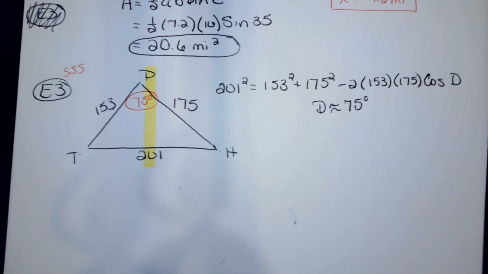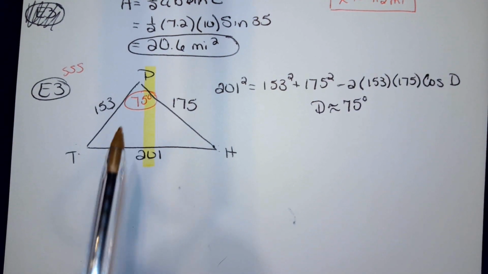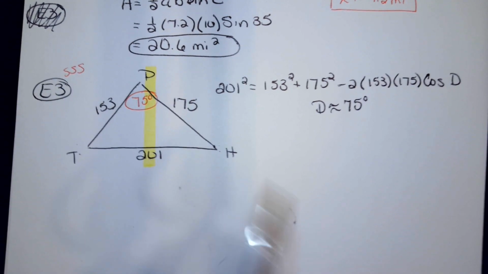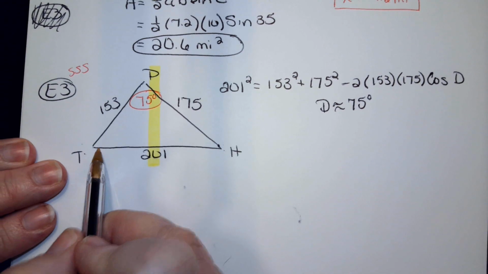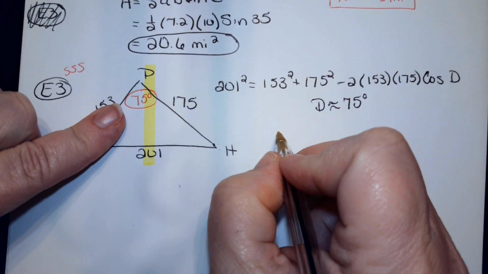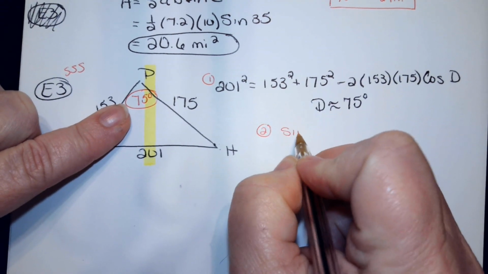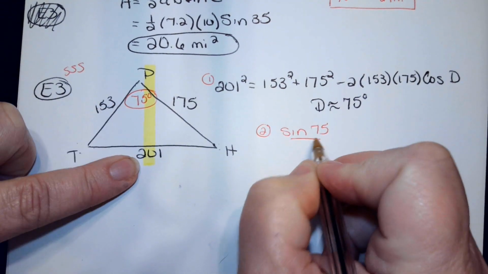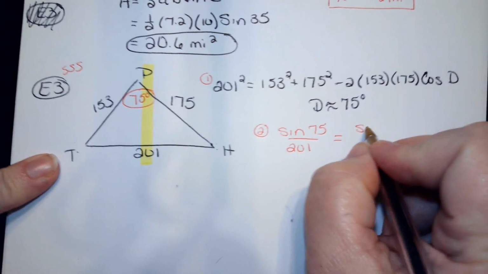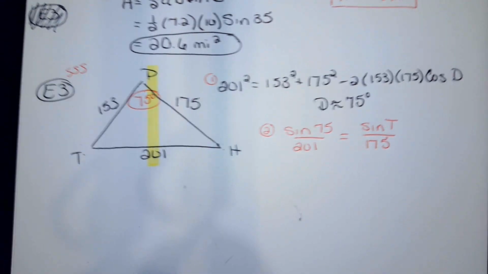All right, so this is now 75 degrees. We know that. Well, what do we have now? We've got that law of sines scenario, because we now know an angle and the opposite side. So let's come in here and let's do maybe angle T. Let's label that as step 1, so this is step 2. We're going to say the sine of 75 over its opposite side of 201 is equal to the sine of T over its opposite side of 175.